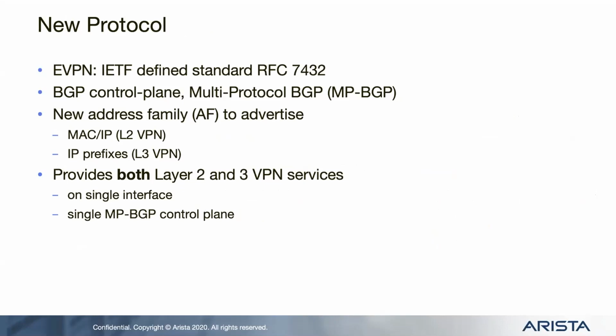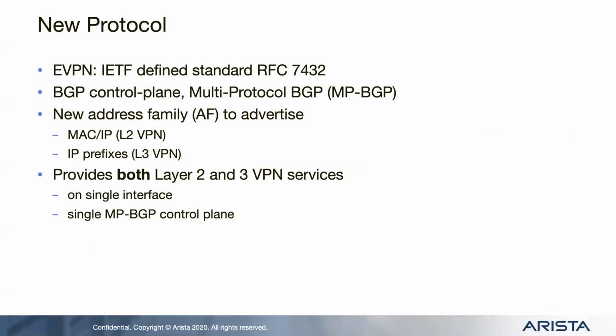We mentioned it's a new protocol for VXLAN, for example. But actually, EVPN has existed for MPLS under RFC 7432 for a little while. It uses the BGP control plane with multi-protocol BGP. There's a new address family providing L2 VPN and L3 VPN under that EVPN address family.